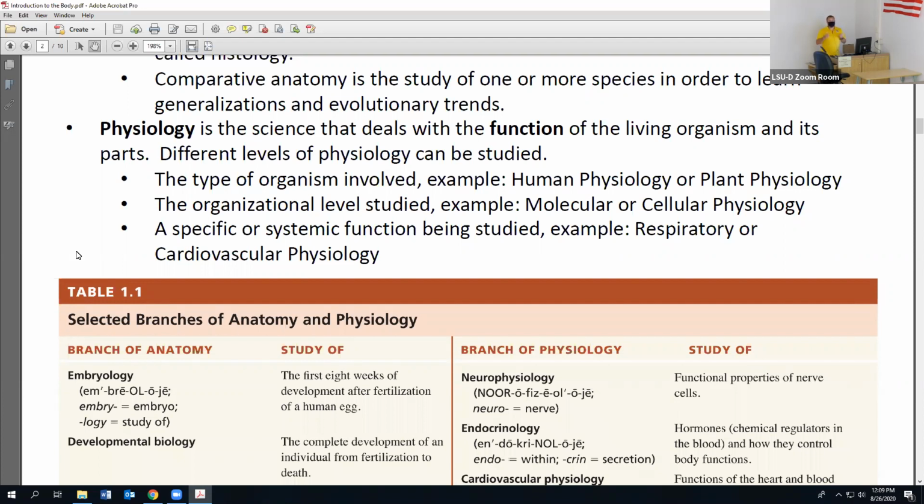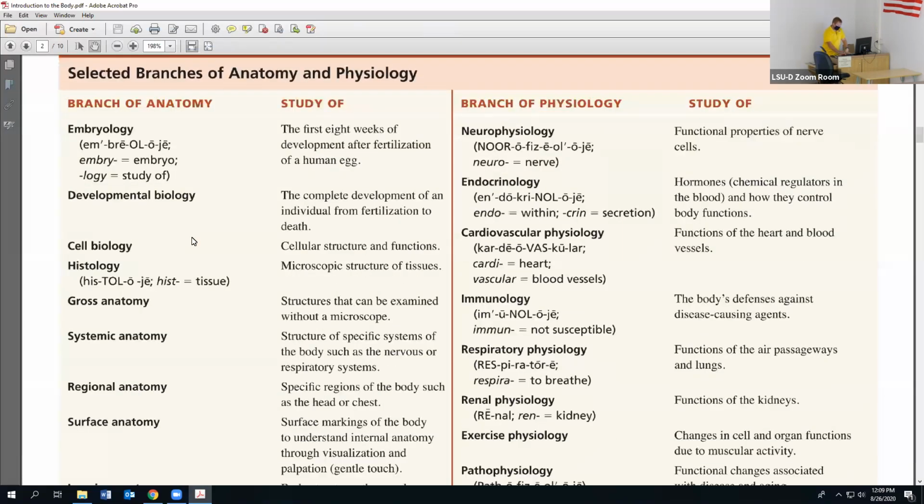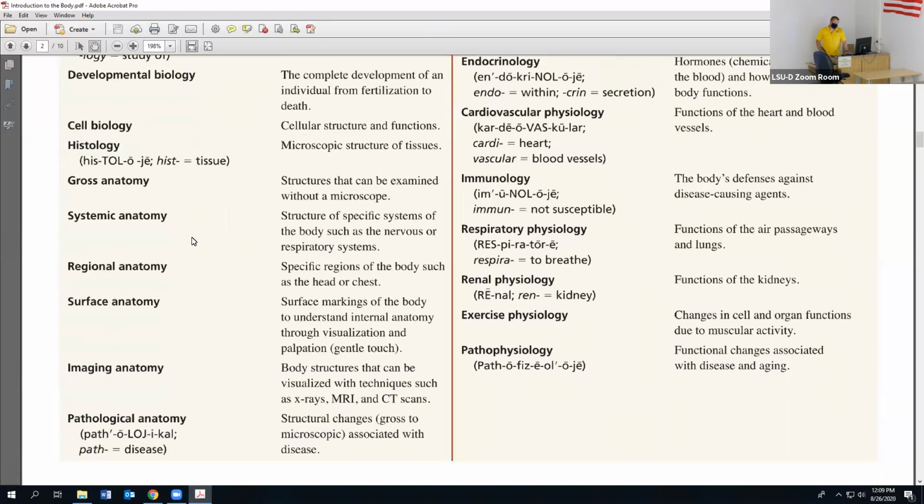What we do is, for the most part, we go system by system, looking at systemic anatomy and systemic physiology, like respiratory or cardiovascular anatomy and physiology. If you look at the table down here at the bottom, on the left side, they have several branches of anatomy listed, several branches of physiology listed. These are not things that I would ask you to know. I include it because it's in any textbook.